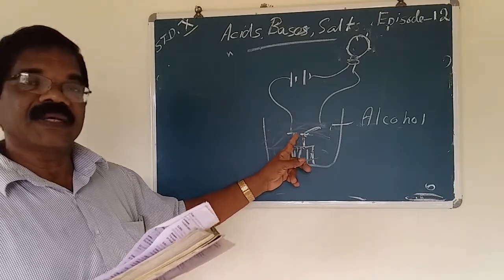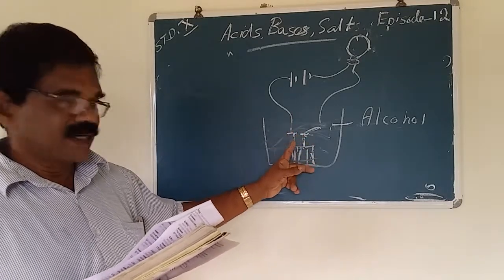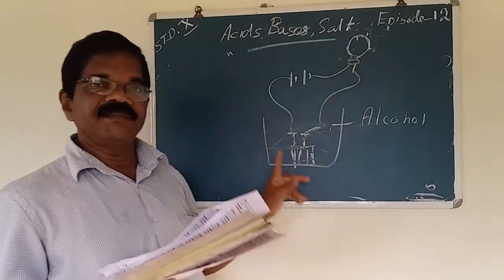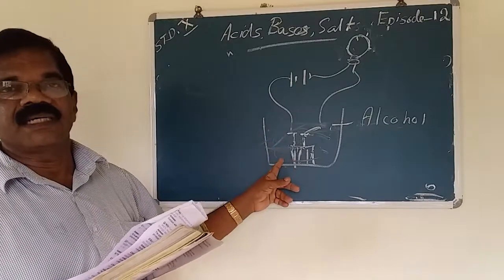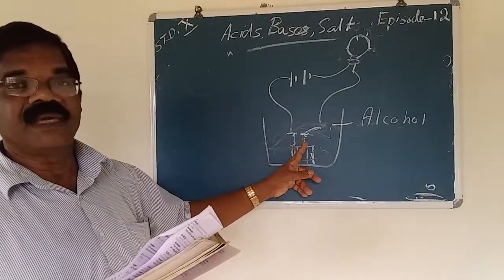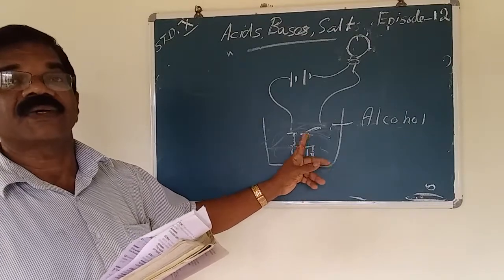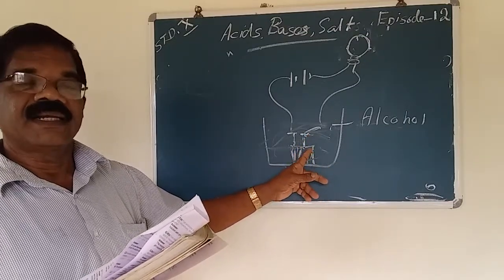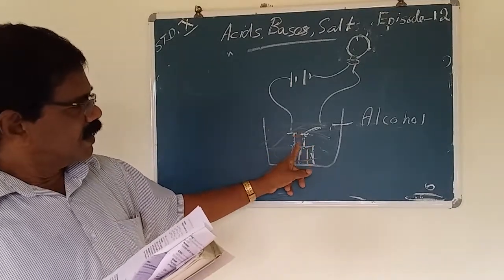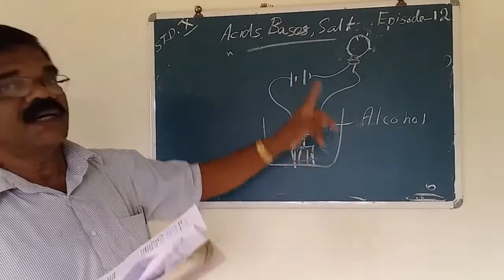Alcohol is not an electrolyte. It does not conduct electricity, so the bulb does not glow. At the same time, if any acid, base or salt is taken, all acids, bases and salts are electrolytes. They conduct electricity. Then when the acid is taken, the circuit is completed and the bulb glows.